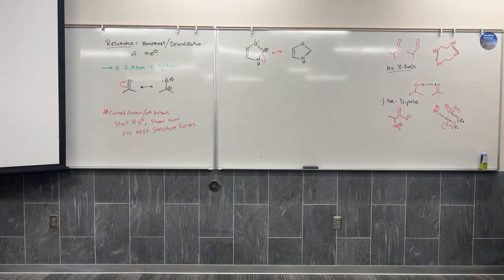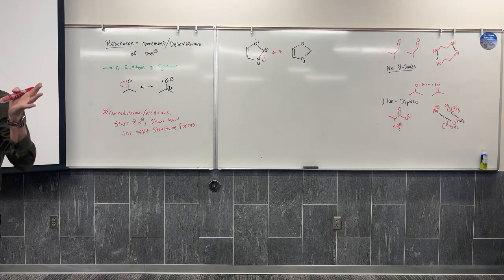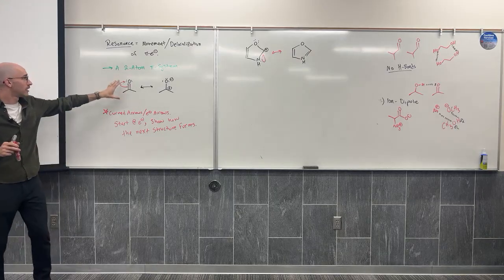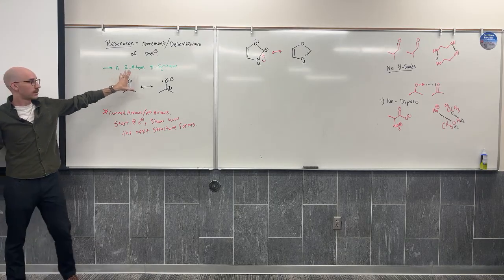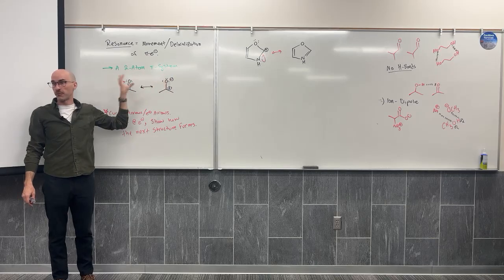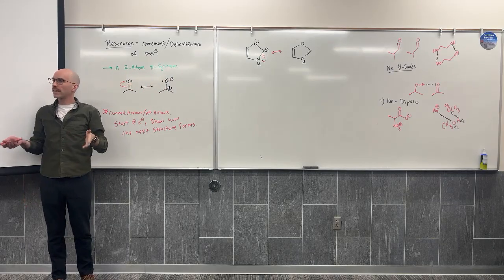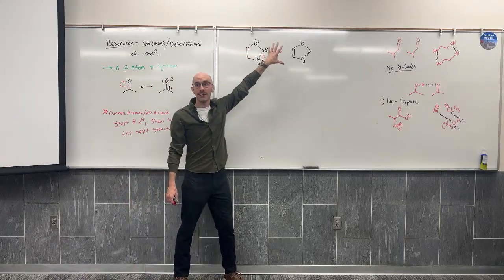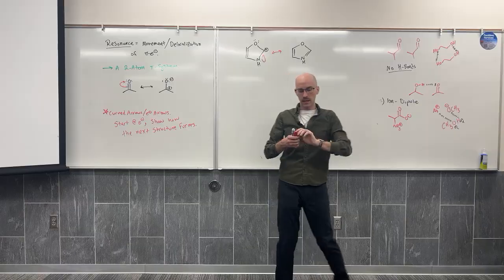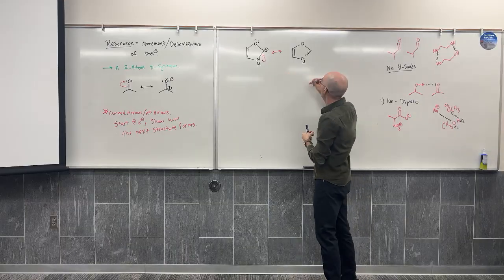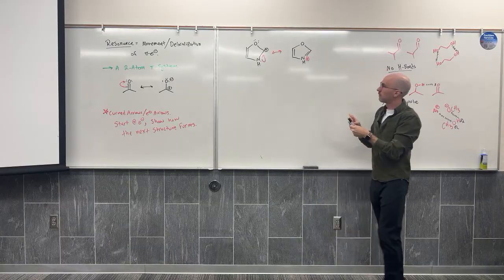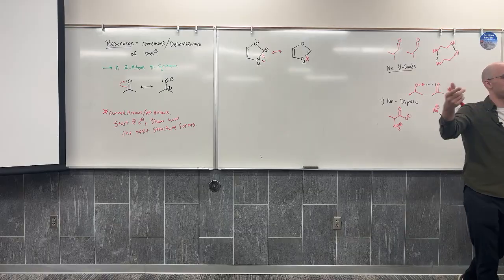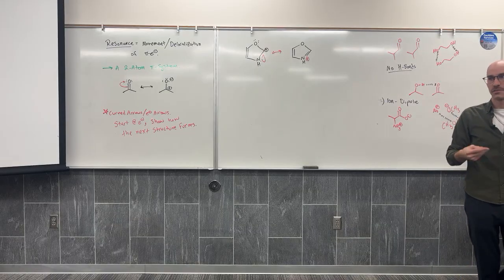The positive charge. These resonance forms should have the same net charge. Net neutral, net neutral. Resonance forms are not different molecules, so they cannot have different charges. But the way that charge shows up might be different. Net positive, because nitrogen has shared its electrons, nitrogen has lost electrons, becomes positive.